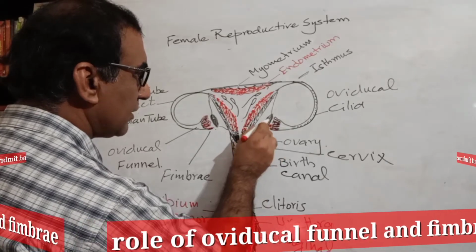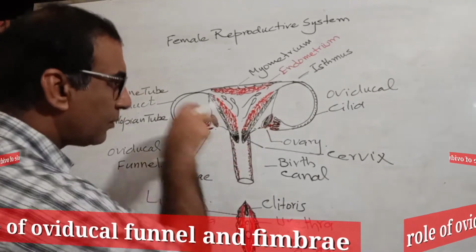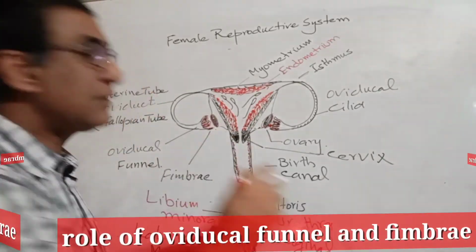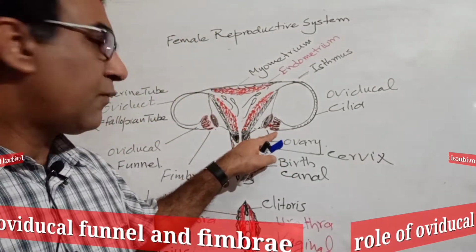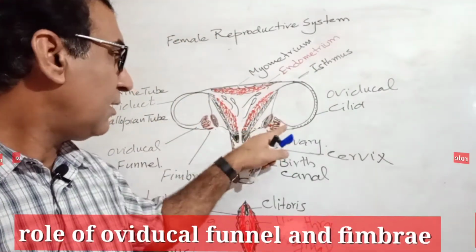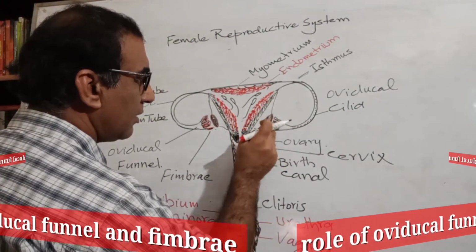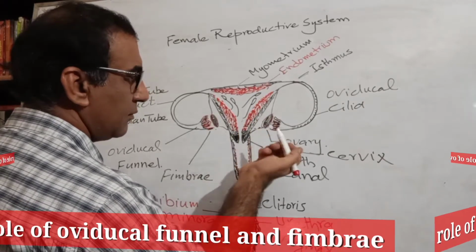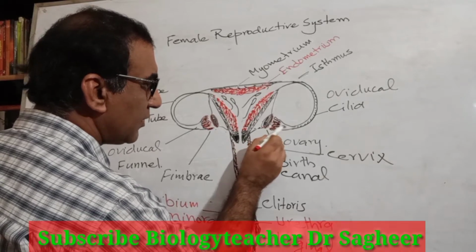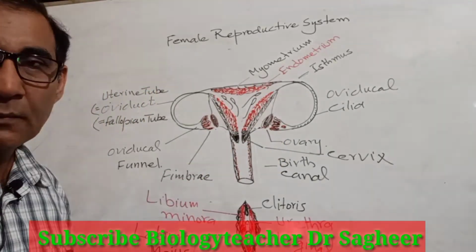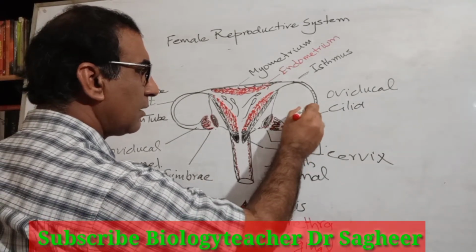Suppose this is the ovary, and the ovum is released from the ovary, and as it is released, it is captured by the fimbriae, and then it enters. It would reach here, and after reaching here, it has to move to this side.